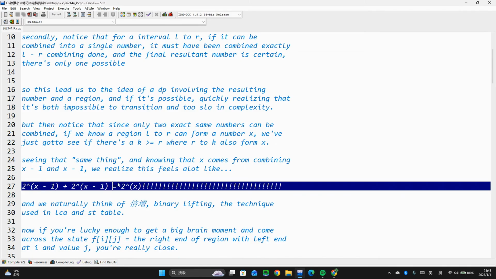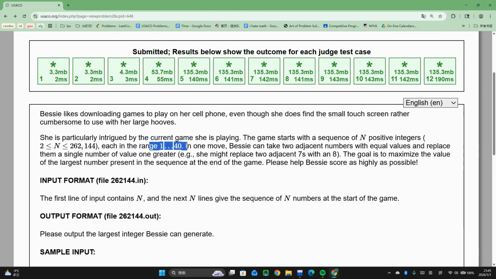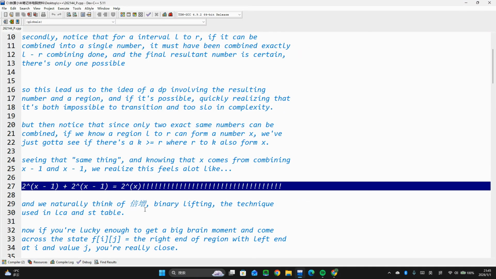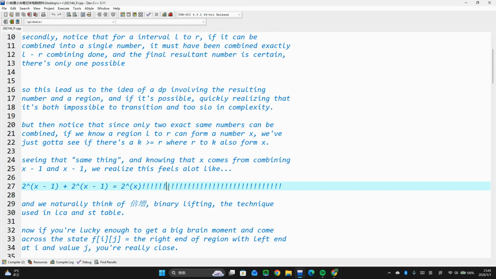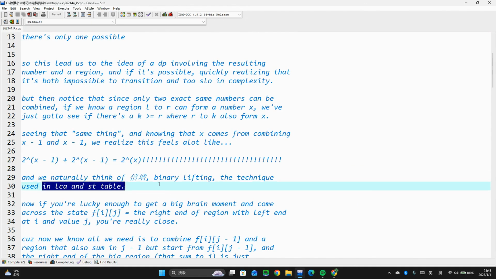Considering that this problem is probably asking for an n log n solution or an n times m solution, in which m is the range, so an n times 40 solution, we can pretty naturally think of binary lifting because of this equation, and that's the technique used in LCA and ST table, by the way. So how do we do binary lifting here?